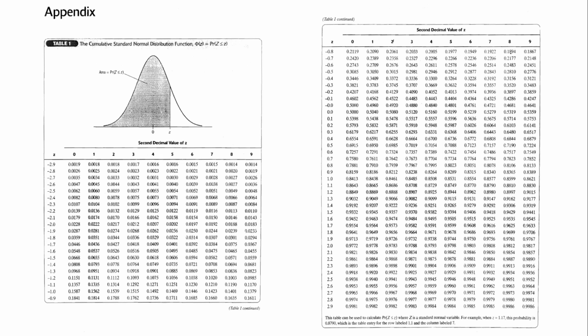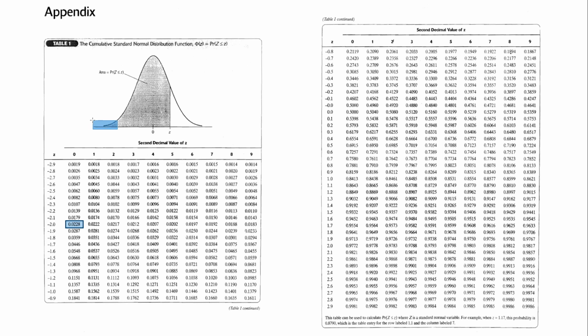And what we do here is that we found a t-value of -2, and thus we look at the first column here and we go to -2.0, and the third digit is also 0, so we end up here at 0.0228, which is the left tail probability.